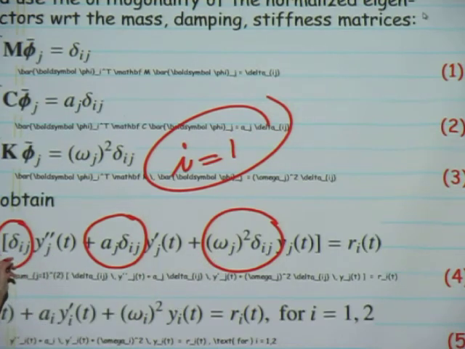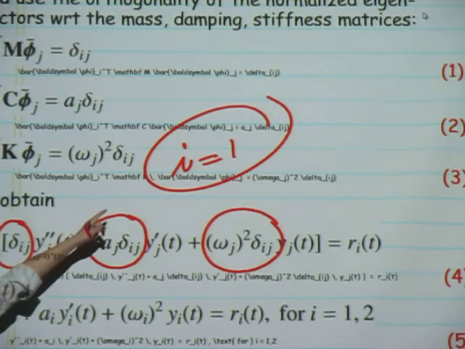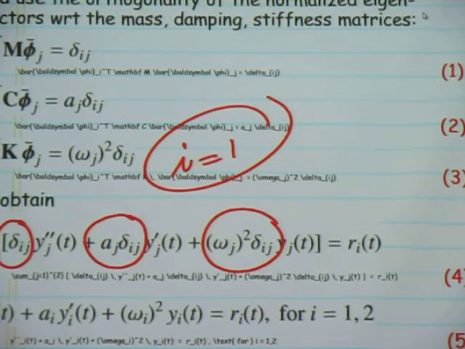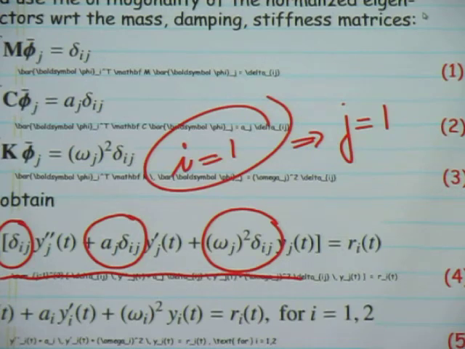So therefore, the whole equation here would be reduced to only one term. Instead of having two terms, you have only one term, in which I has to be equal to j equal to 1. Okay. So when I equal to 1, then j has to be forced to be equal to 1. Because when j equal to 2, delta ij equal to 0. Delta 1, 2 equal to 0.